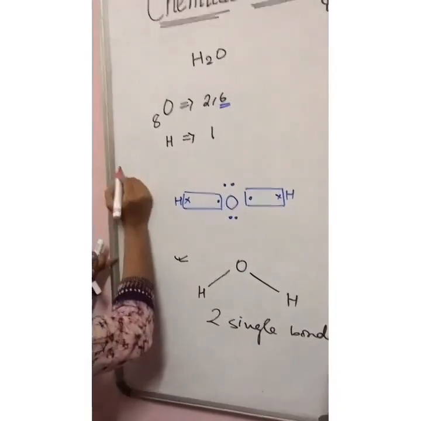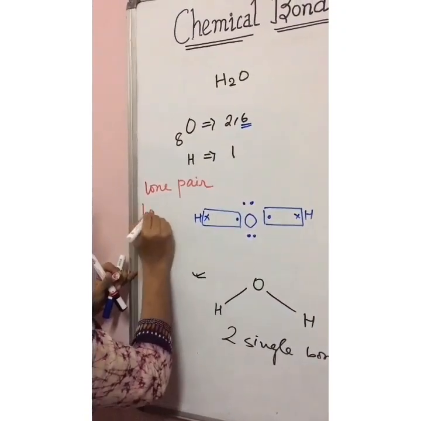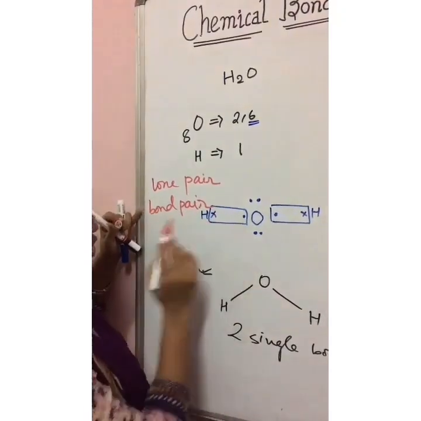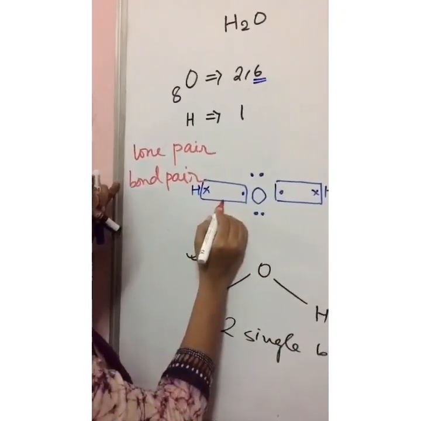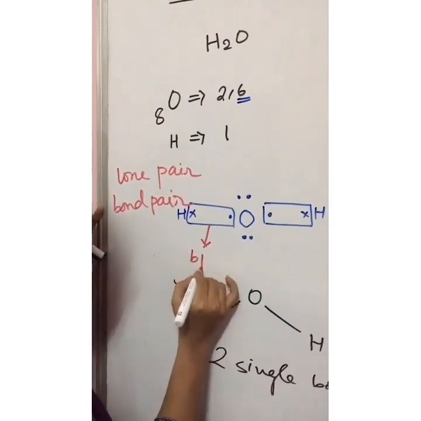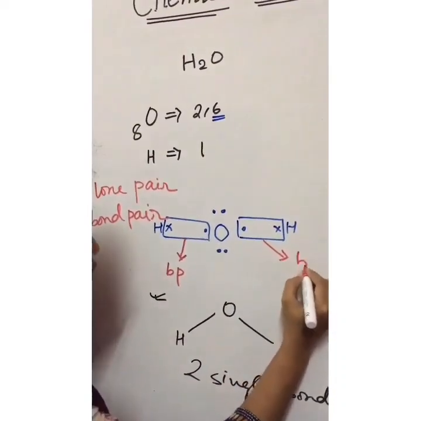Now, there are certain new terms which you will learn. One is lone pair and the other is bond pair. When hydrogen and oxygen form a bond, this pair of electrons is called a bond pair of electrons. This pair is also a bond pair.